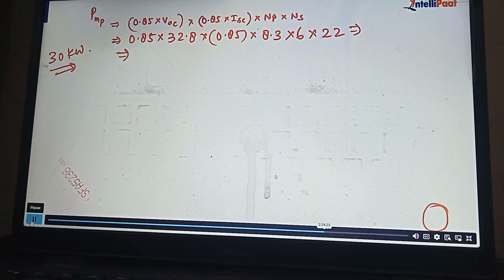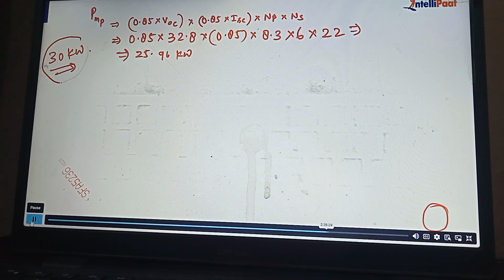But what is the PMP, the actual power which we got from the solar module? It comes to 25.96 kilowatt.